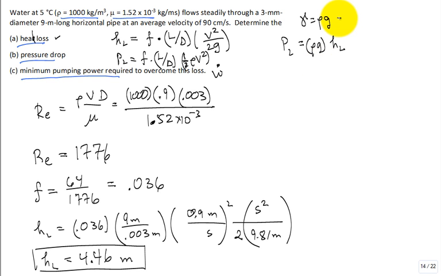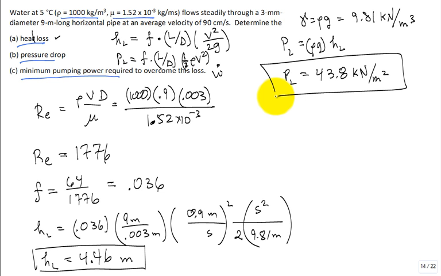And the weight density is 9.81 kilonewton per meter cubed, so 43.8 kilonewton per meter squared, or kilopascal. How many people agree? Do I got other people running with it?